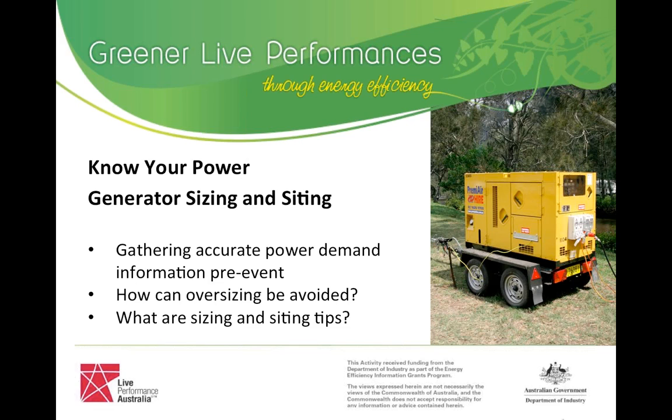I think that a lot of event organizers would like to know, in a house or a building, you turn the lights off, you're stopping power demand and you're reducing your cost as well as your greenhouse gas emissions. But for a mobile generator, it's very different.